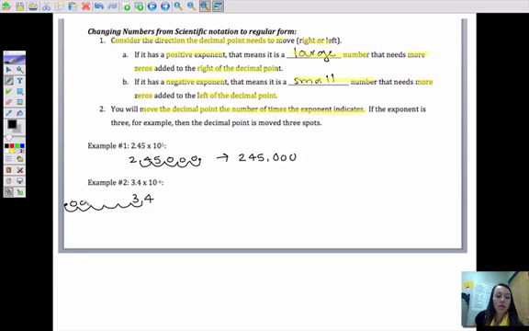We're going to put zeros in those empty spots. We're going to make it look a little prettier. So we had 1, 2, 3, 4, 5 zeros with 3, 4 at the end. So 3.4 times 10 to the negative 6th power is this number, 0.00000034.